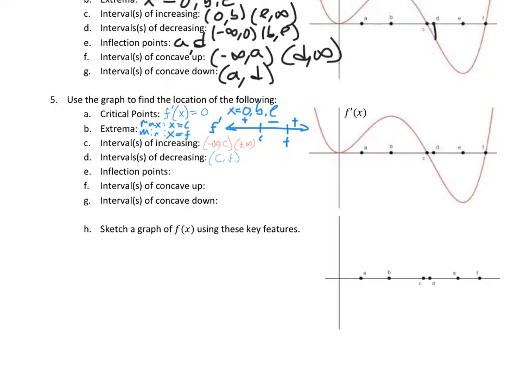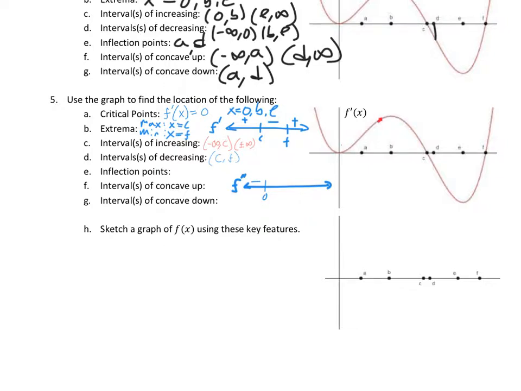Where's our inflection points? All right, so now we got to think second derivative. Second derivative comes from the slope, so let's make a number line here for the second derivative. The second derivative is the slope of the first derivative, all right? So we can say this, our slope up to the point 0 is negative.